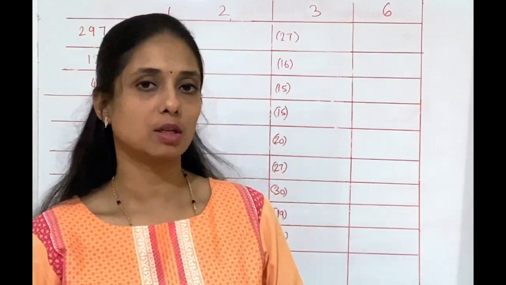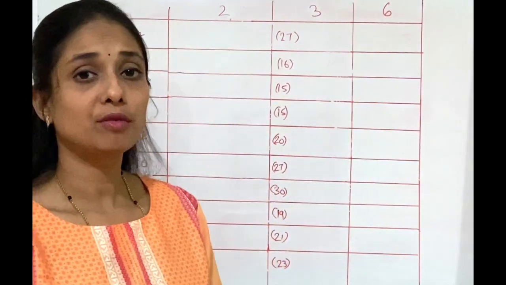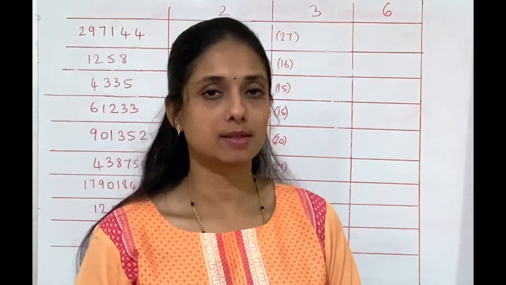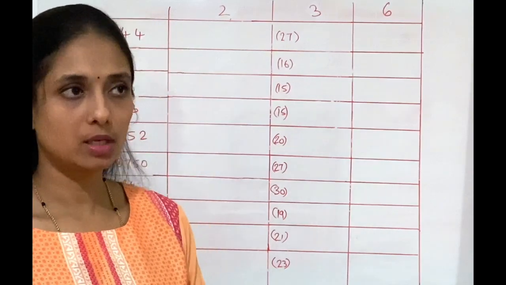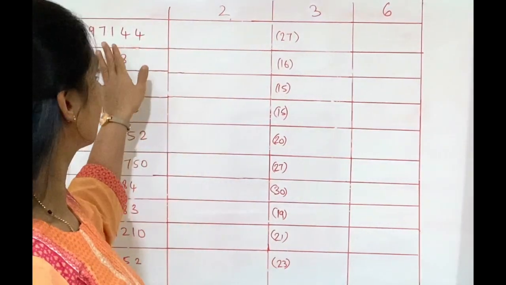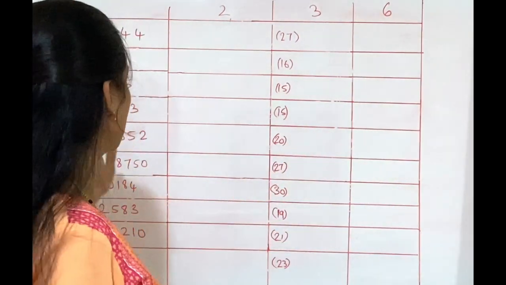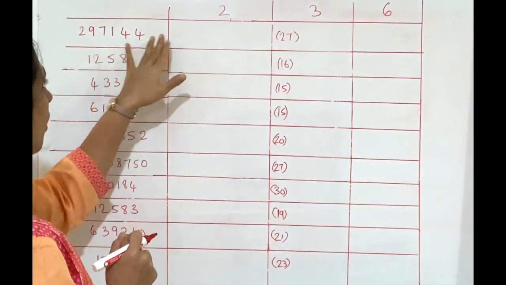Okay. Let's move on to the third problem. We have to find out whether all these numbers are divisible by 6. To find out the divisibility of 6, we have to find out if these numbers are divisible by 2 and 3, right? So first we will see the divisibility of 2.